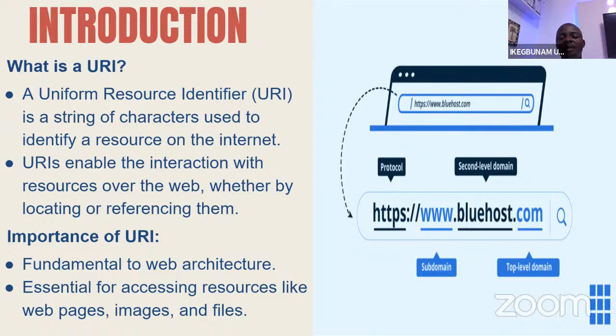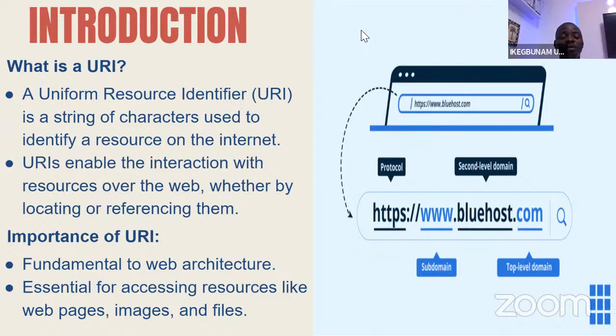So whenever you are making a request, there is always an object or a resource that you want to get from the internet, which you can get using its identifier. And Uniform Resource Identifier serves as a string of characters that uniquely identifies a particular resource on the internet.